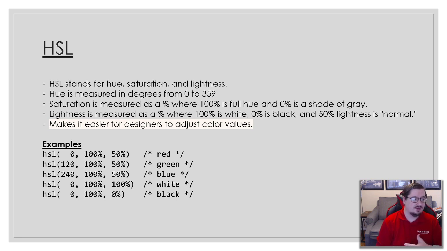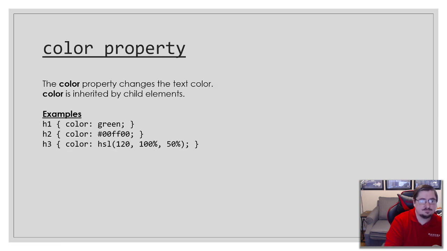It's a lot easier to kind of make variants in the color, or to say, well, I want to animate the hue and make it just go all chroma strobe and just go around the circle. Well, you can do those kind of things a lot easier when you're looking at the color in terms of HSL. So this one's getting a little bit more traction. It's still not used all that much with web development, but can be a lot easier if you're trying to get into the web design space.